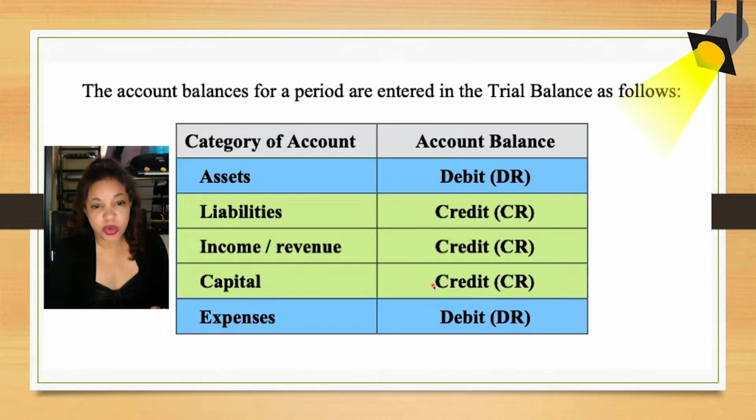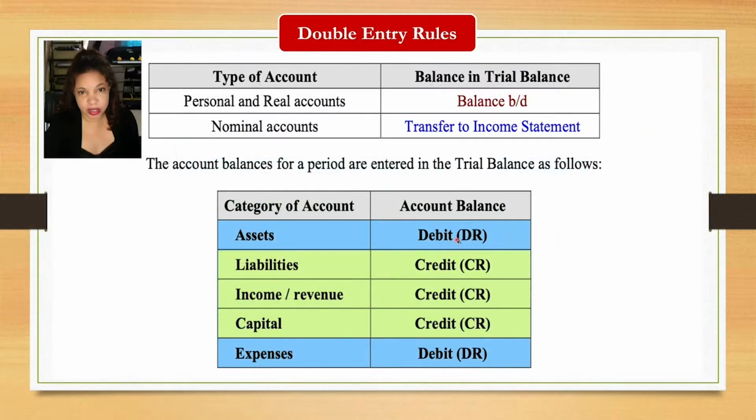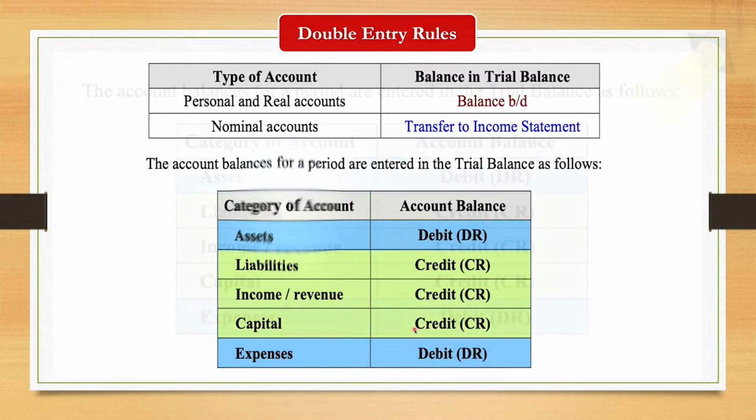So basically, you will have to depend on this rule. All right, assets would be under the debit column, expenses will be under the debit column, and liabilities, income, and capital will be under the credit columns. It's as simple as that.